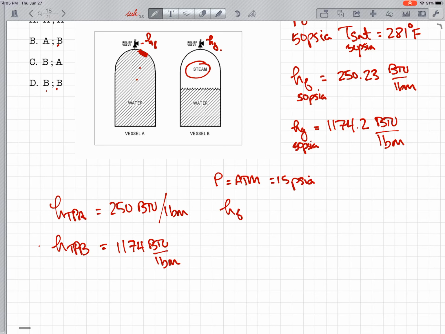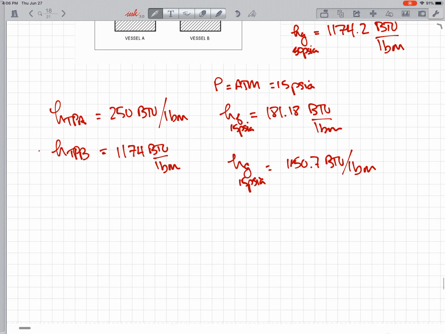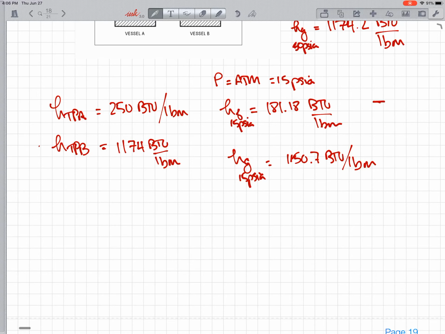So the enthalpy of saturated liquid at 15 psia is equal to 181.18 BTUs per pound mass, and the enthalpy of saturated steam at 15 psia is equal to 1150.7 BTUs per pound mass. Alright, so everything in between 181 and 1150.7, that's going to be wet vapor with some quality.